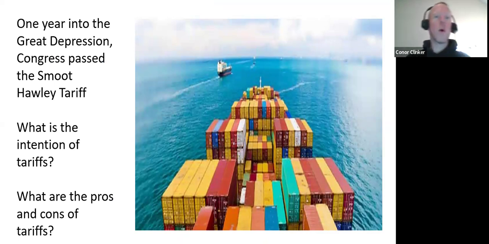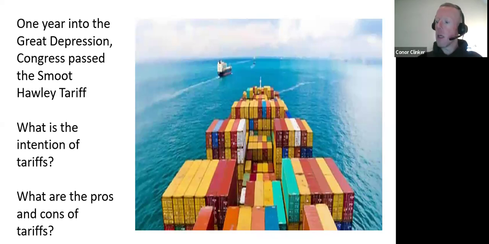One year into the Great Depression, Congress passed the Smoot-Hawley tariff. Smoot-Hawley is just the name of the Congress people that passed this law. A tariff, you may have heard that in the news recently, is a tax on imports.